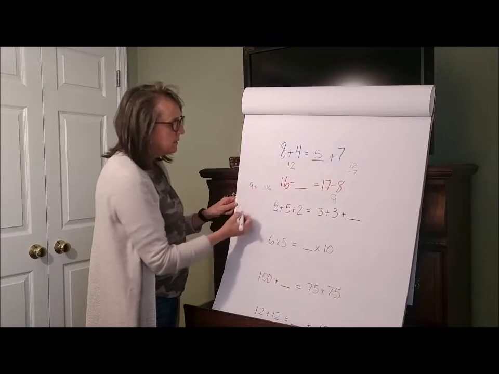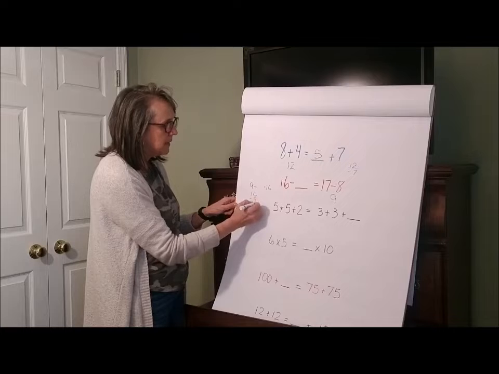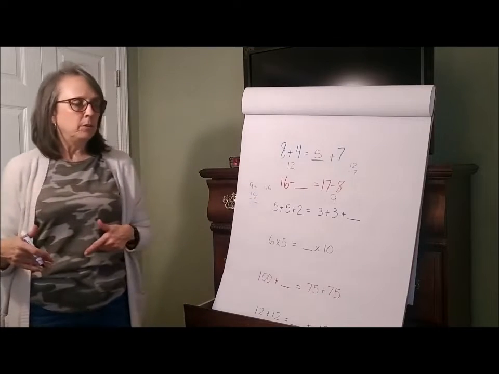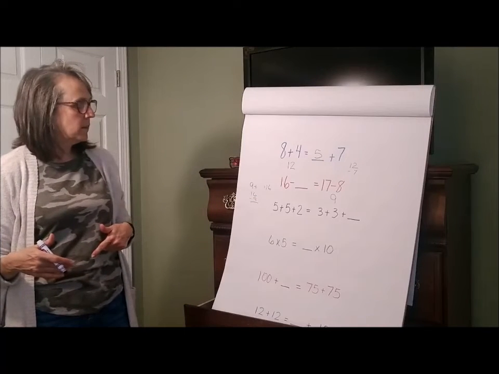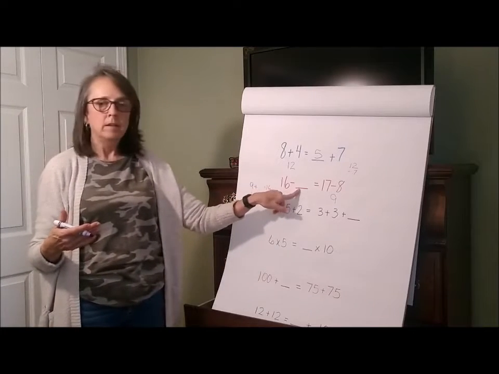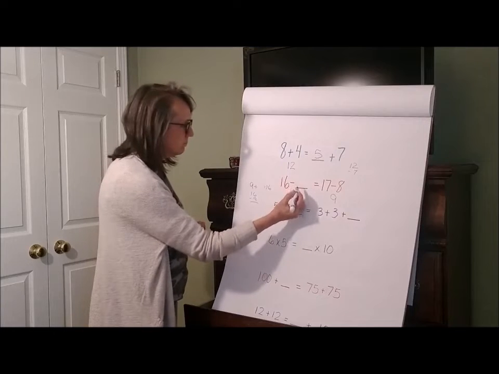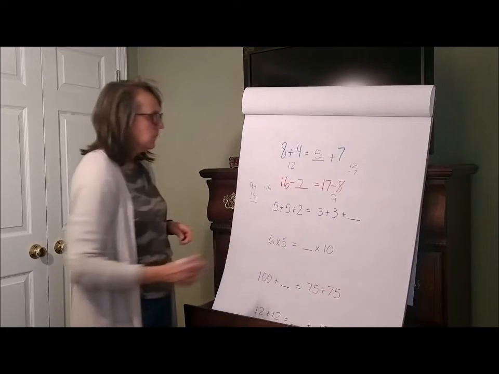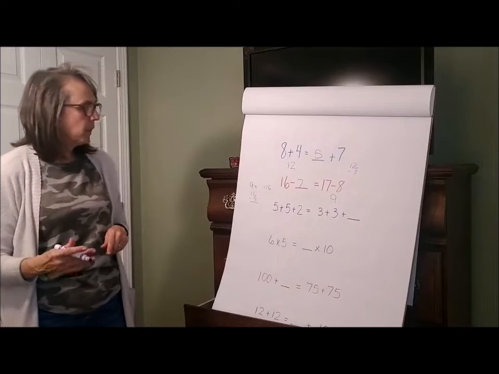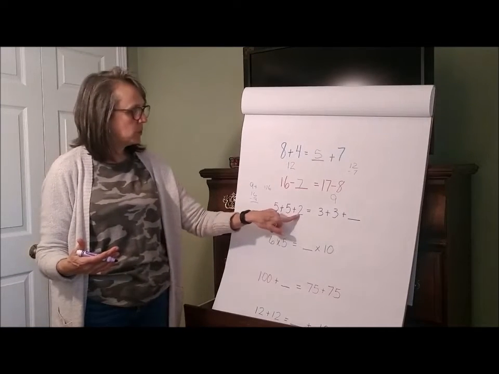Okay? So then I can do 16 minus 9. And what will that give you? That will give you 7. Okay? On the next one, 5 plus 5 plus 2.